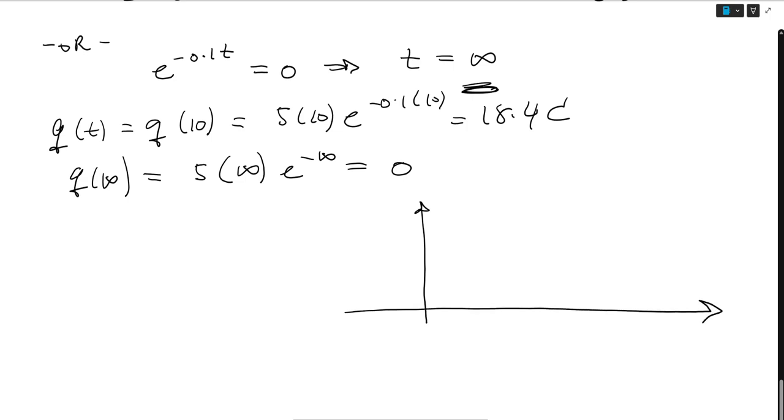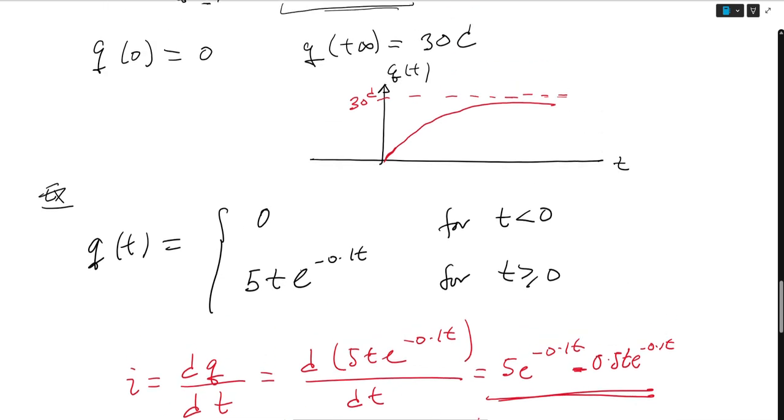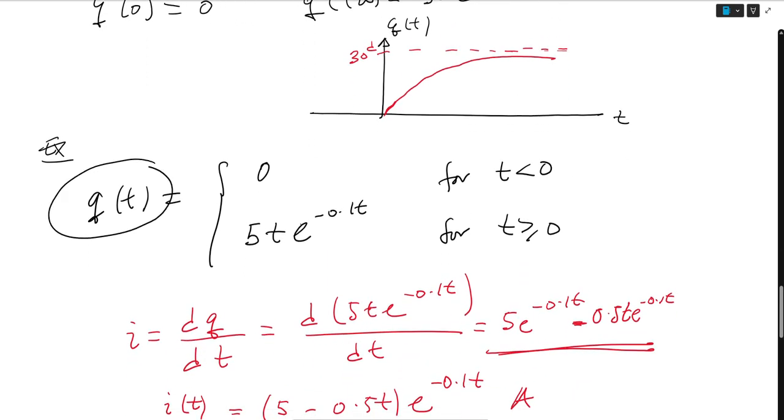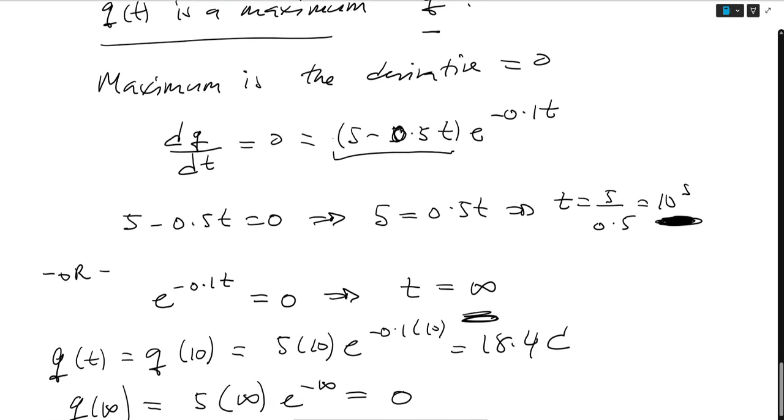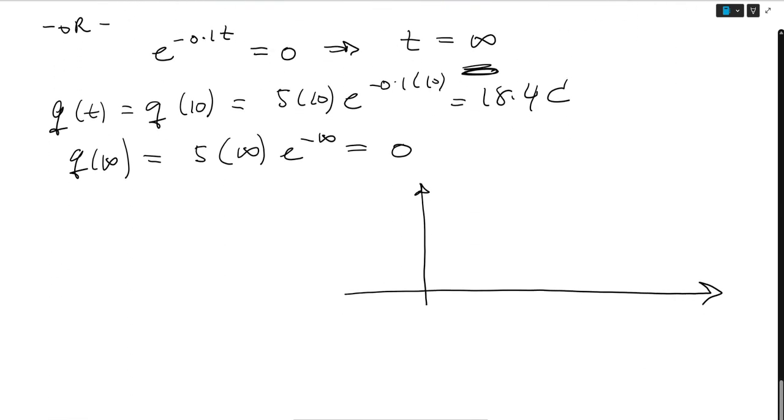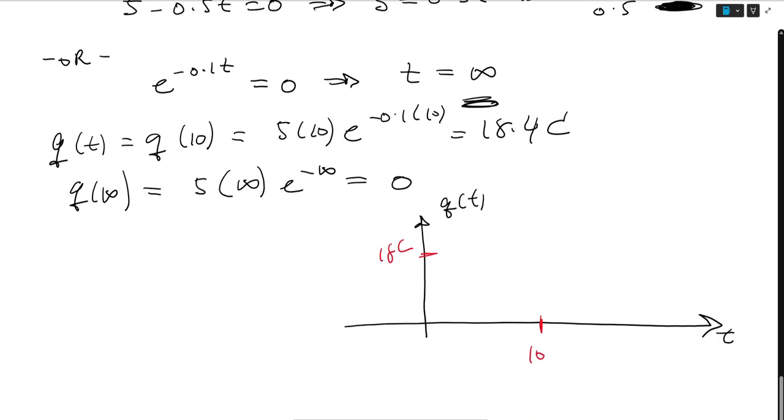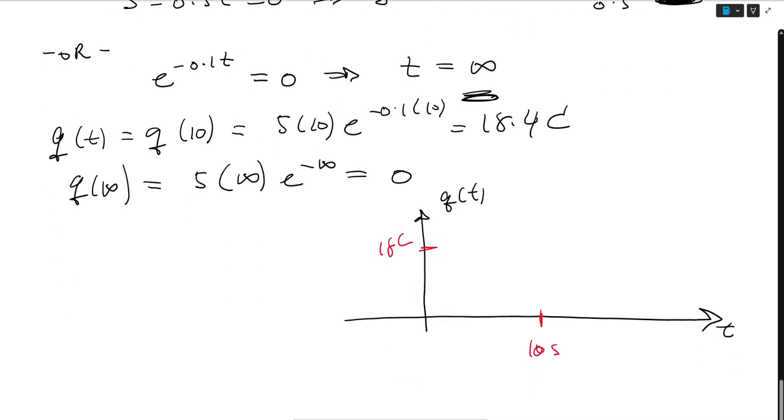So that means that if I have a graph and I want to graph what q is doing, we could say t and we could say q of t. And then we could say that there's a maximum of 18 coulombs at 10 seconds. At 10 seconds, so this is a point.